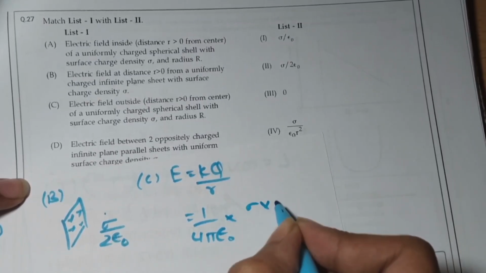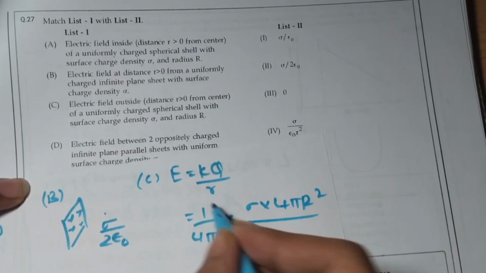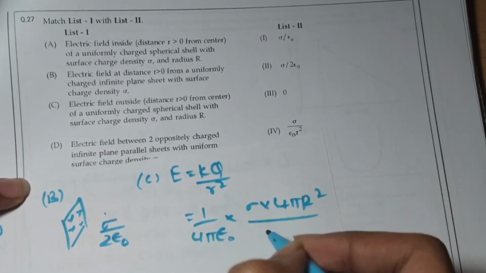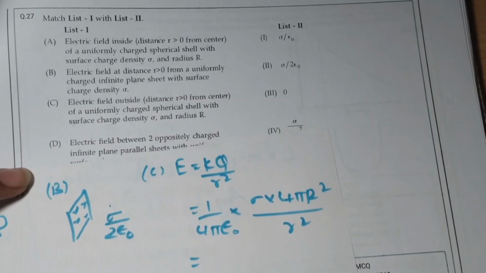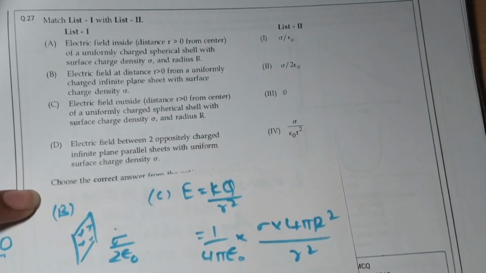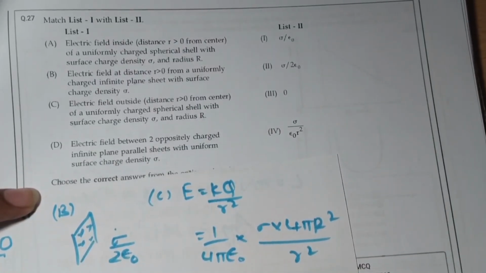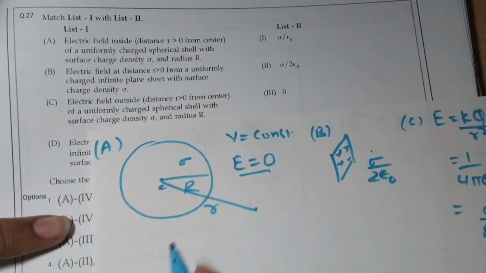Q is sigma into 4 pi r square. So you will be left with sigma by epsilon naught r square into r square, but there is no option. Okay, we will see further and let us see.